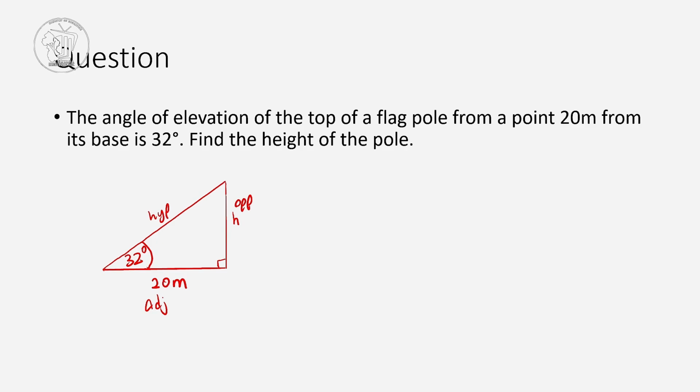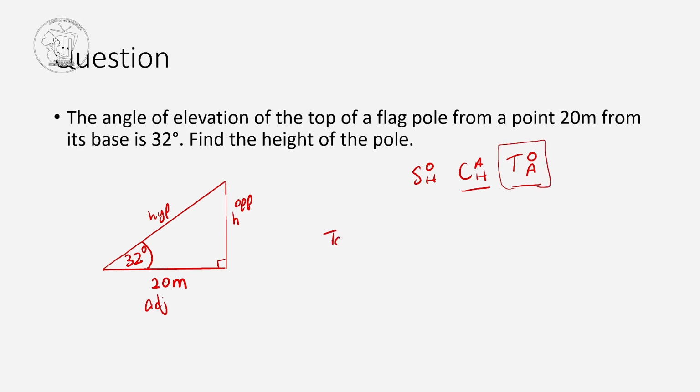So let's put down the ratios. We know the nice mnemonic to remember the ratios is SOHCAHTOA, or Some Old Horses Can Always Hear Their Owners Approach. We are given the adjacent, and we see cos and tan have adjacent, and we want to find the opposite. So we see we are dealing with tan.